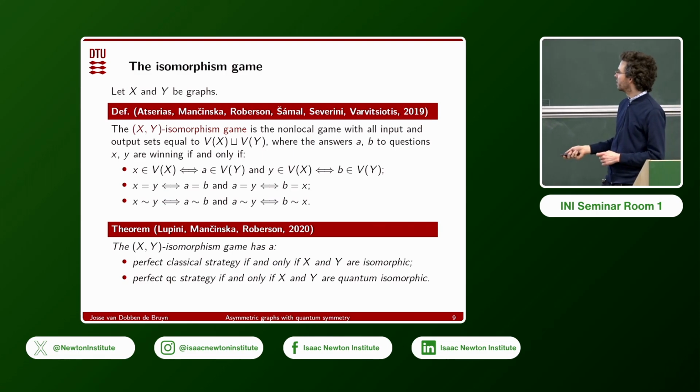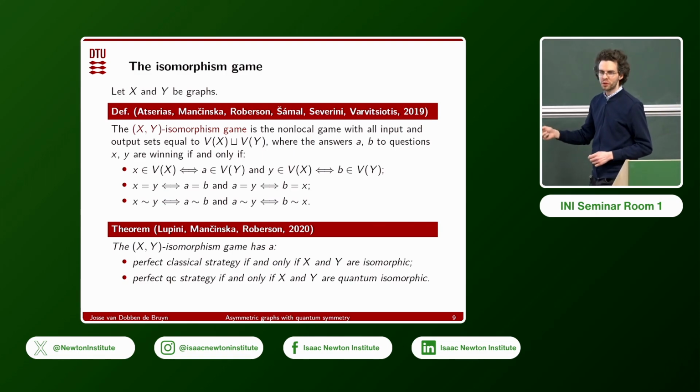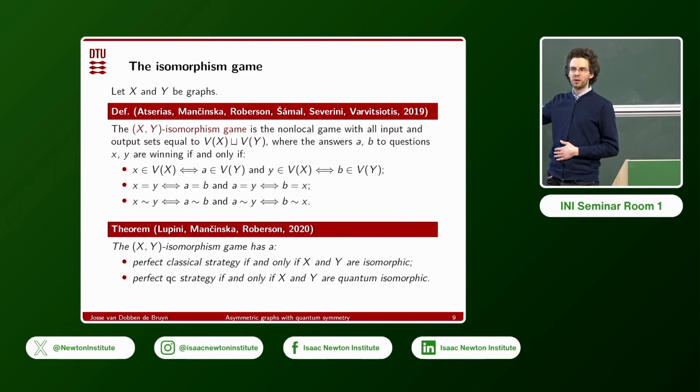And then the theorem by Lupini, Mančinska, and Roberson is that this non-local game, the graph isomorphism game, encodes these definitions of quantum isomorphisms between graphs that we've seen before.